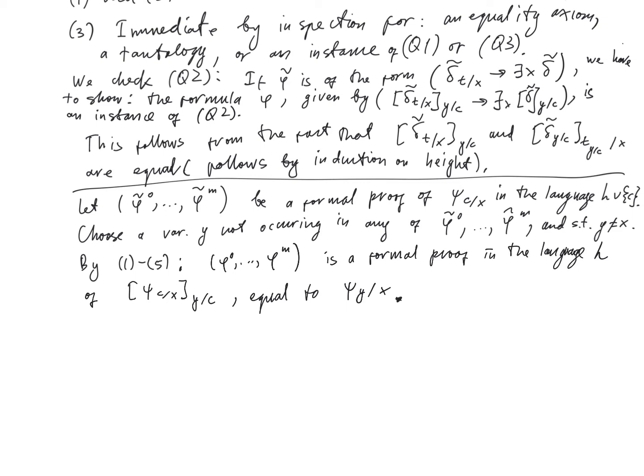So this gives us the formula psi with y substituting x being provable in the language L, but then by the generalization rule we get that the formula for all y psi with y substituting x is provable in the language L.